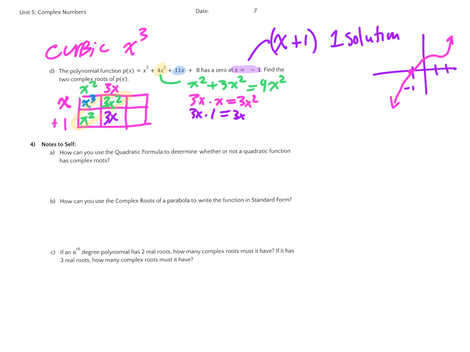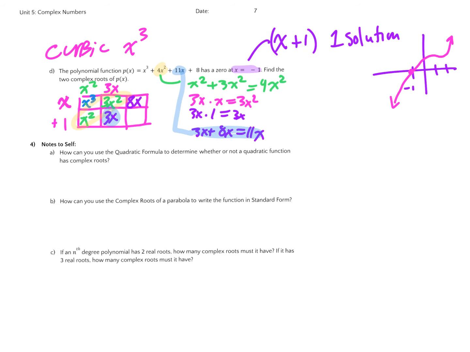Okay, so what I need though, let's grab another color. I need 11x. I have 3x already, so I need to finish combining two numbers to get 11. So 3 plus 8 is how I'm going to do that. So this must be 8x, because 3x plus 8x is 11x, and that's what I had here.